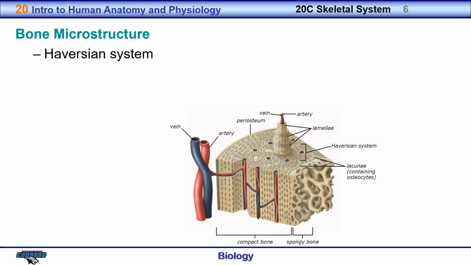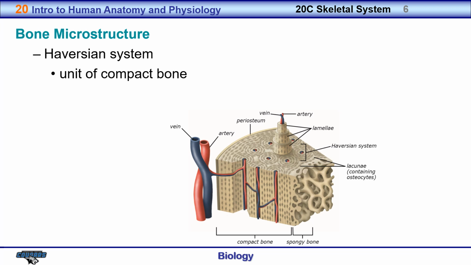The Haversian system makes up the compact bone. It's kind of like our unit of bone. Many of these are fit together. You can see all these circles, how they fit together.